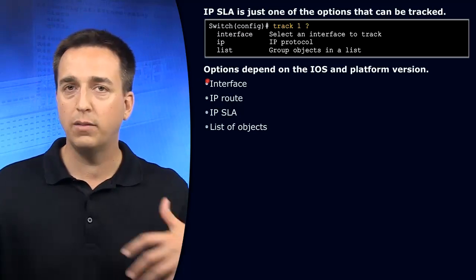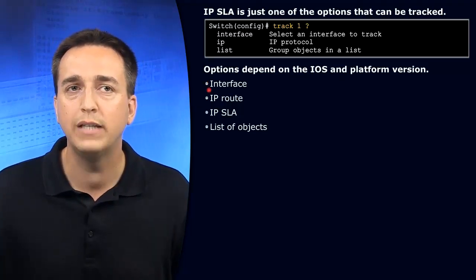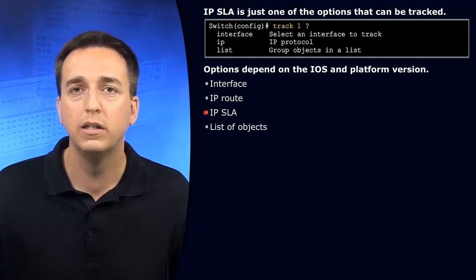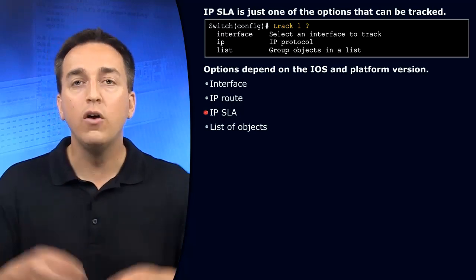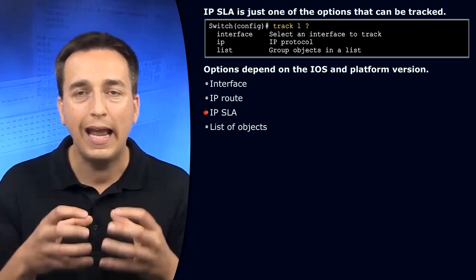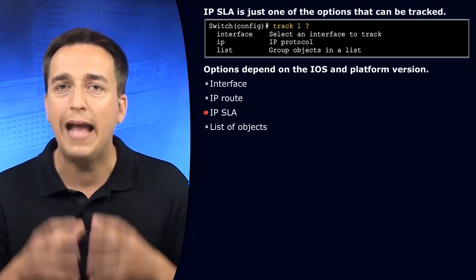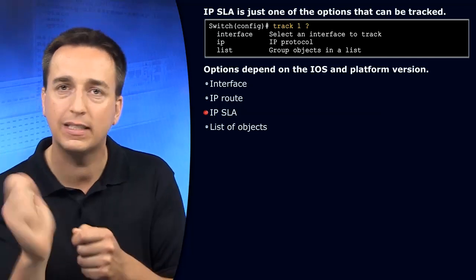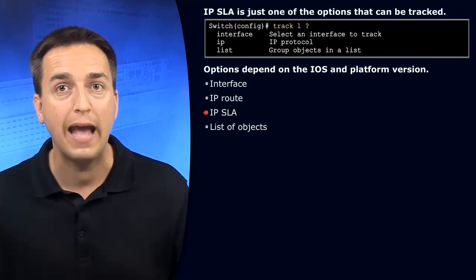But if you want to track something further away from you, you can do so. For example, with IP SLA, IP Service Level Agreements. You could set up, for example, a ping from the local router, that HSRP gateway, the active forwarder, to ping some IP address out there. And as long as the ping is successful, then you remain the active forwarder.